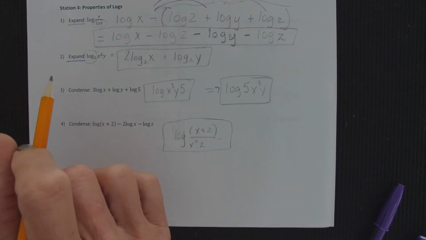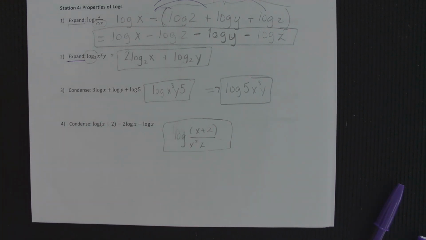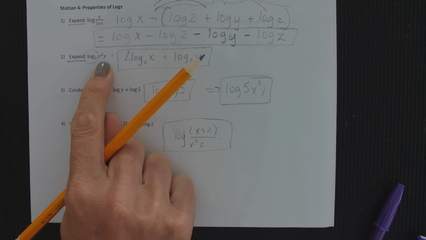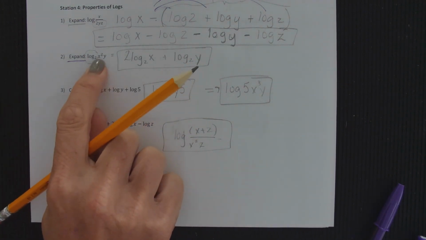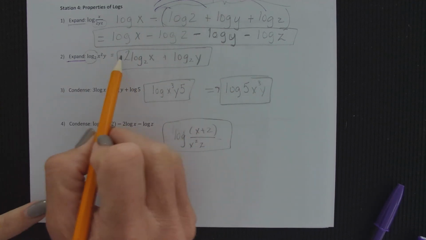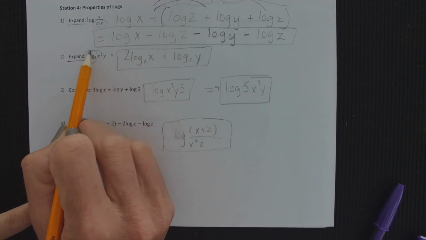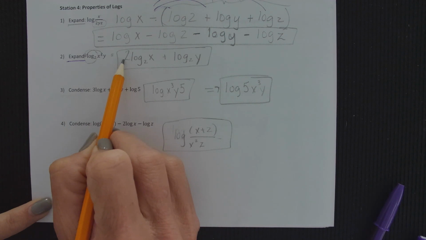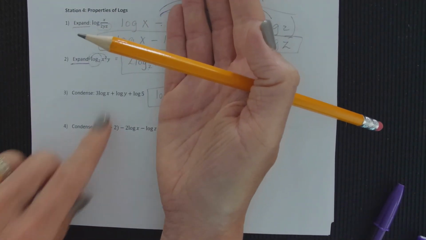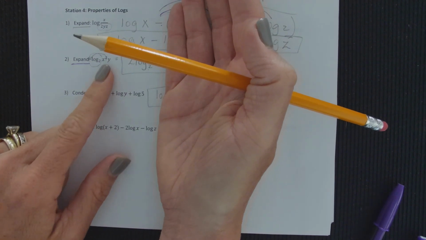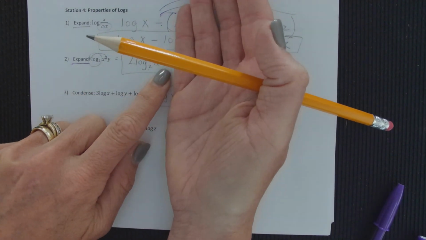I have an exponent, which is the power rule, which was the 3rd rule, and I also have a y. So I'm multiplying x squared and y, but I also have the exponent here. That 2 is moved in front. 2 log 2x. I'm going to cover that right now.